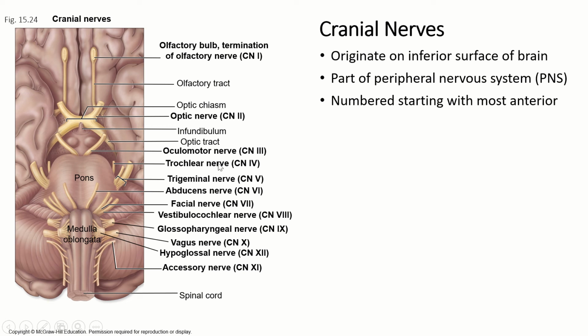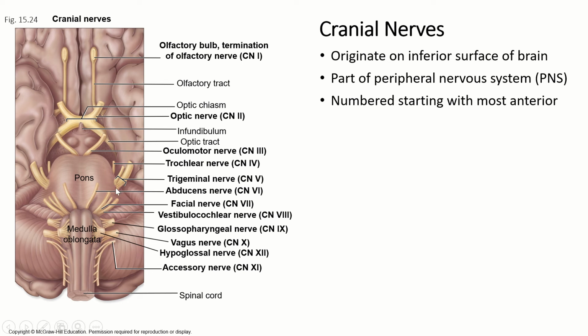This name is going to make sense once we've done the muscles. The superior oblique eye muscle, which moves the back of the eye up, goes through a trochlea, which is the word for pulley. So the trochlear nerve controls just the superior oblique eye muscle.